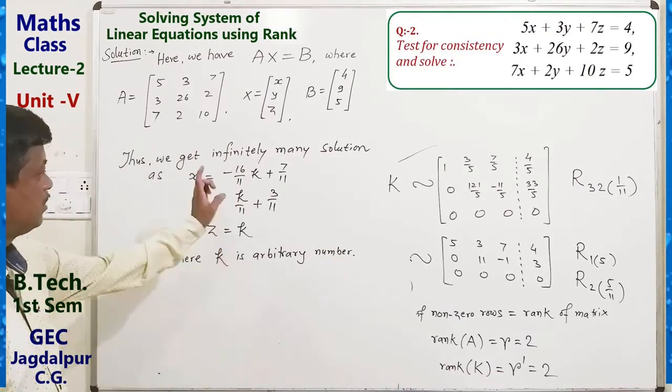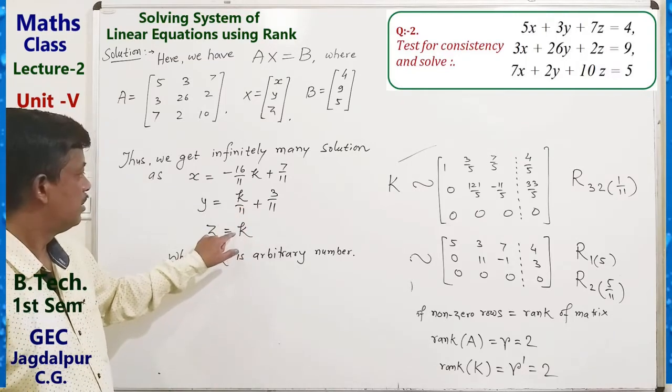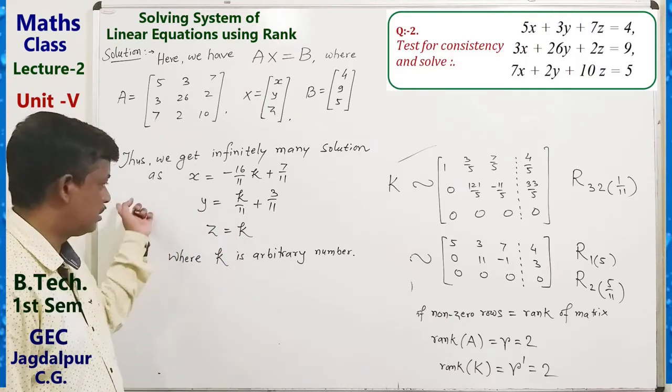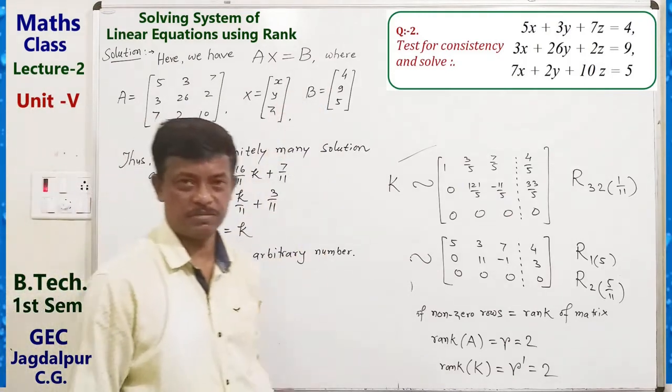Okay, so infinitely many solutions. You can assign a number to k, and you get a particular solution. K equal to 1, then you get a solution. K equal to 2, then you get a solution. The infinitely many solutions of the system.